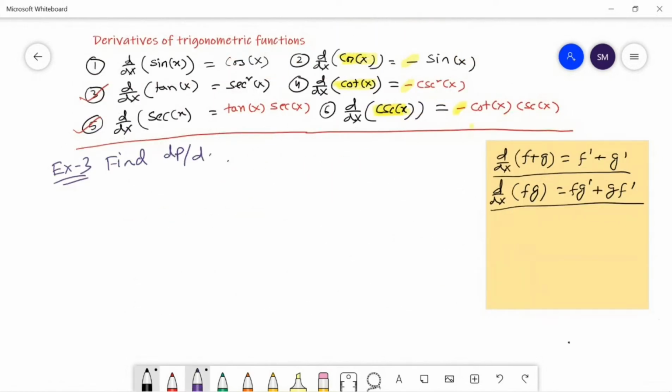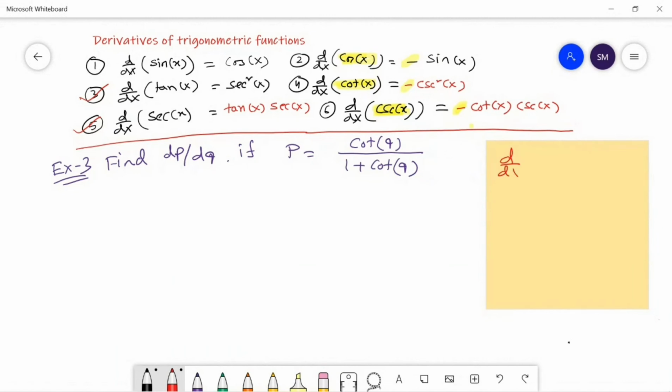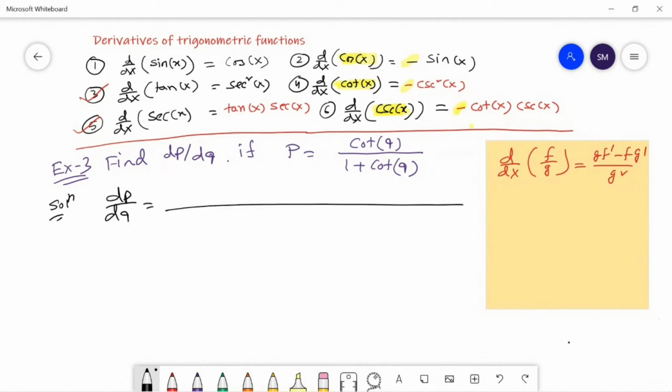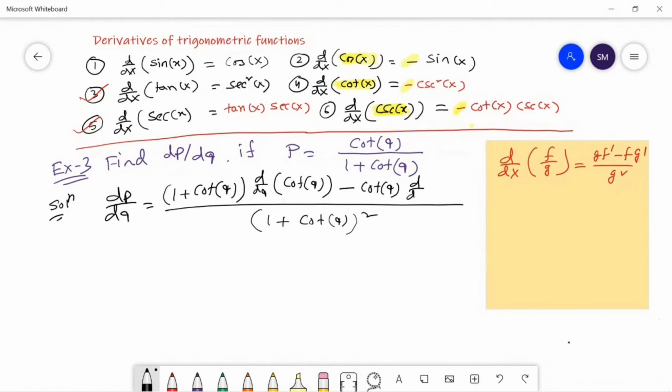Our next problem is to find dp dq if p is equal to cotan q over 1 plus cotan q. To find this derivative, we will use the quotient rule, and by the quotient rule we have dp dq equal to 1 plus cotan q whole square in the denominator, then 1 plus cotan q times the derivative of cotan q minus cotan q times the derivative of 1 plus cotan q.